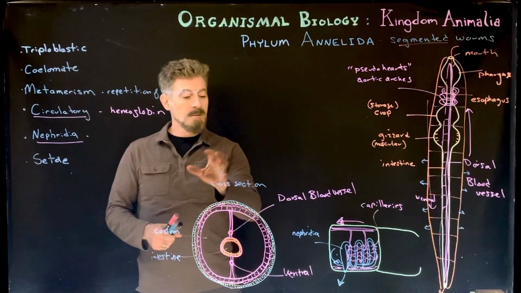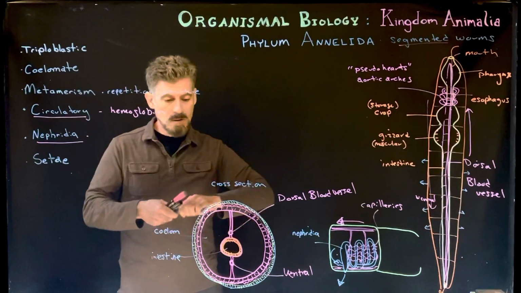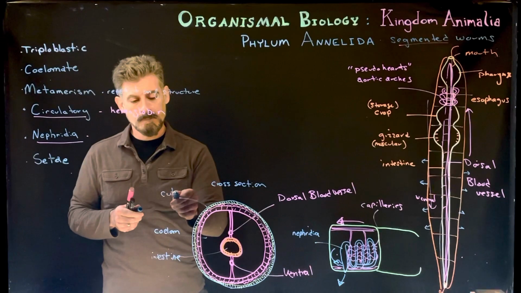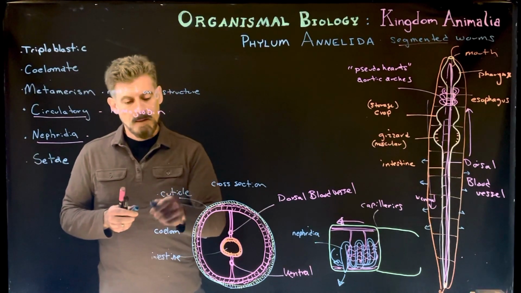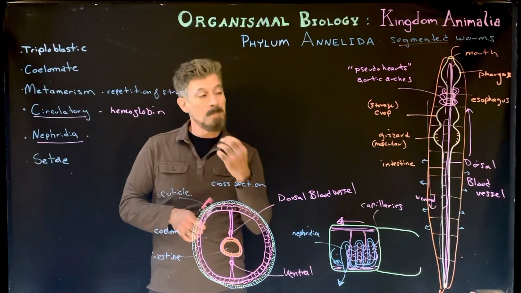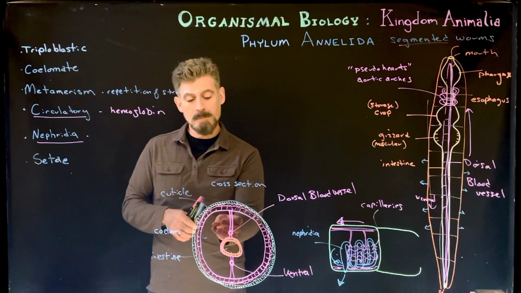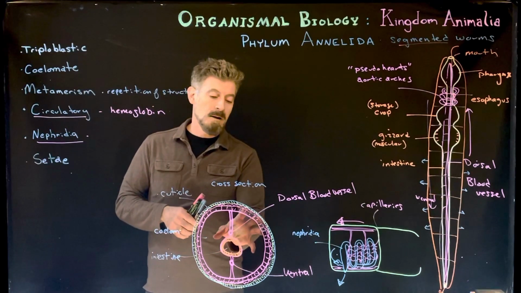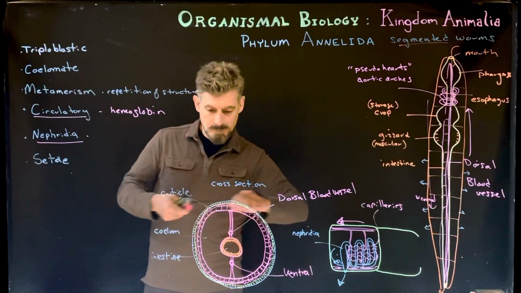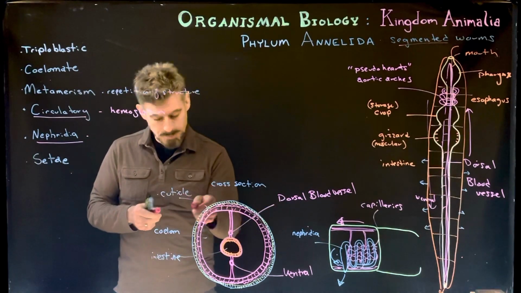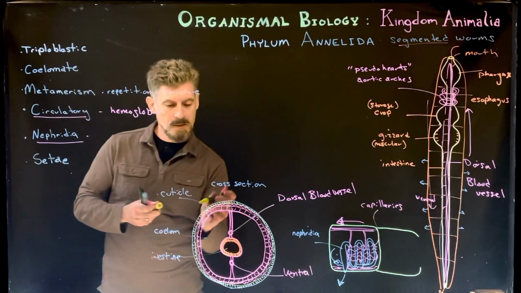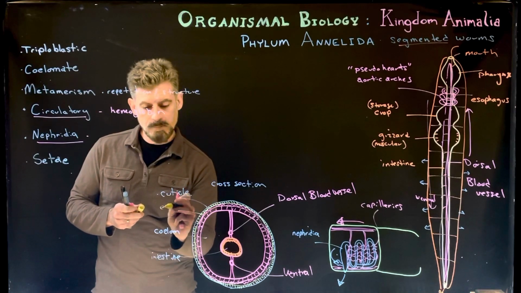Looking at the body wall itself, let's break that down. They will have a very thin, non-living cuticle. And it's easy gas exchange across the cuticle. Now, there's pressure that can build up inside the body cavity, but the body wall has a double layer of muscle. Beneath the cuticle is the epidermis, and the epidermis secretes the cuticle.